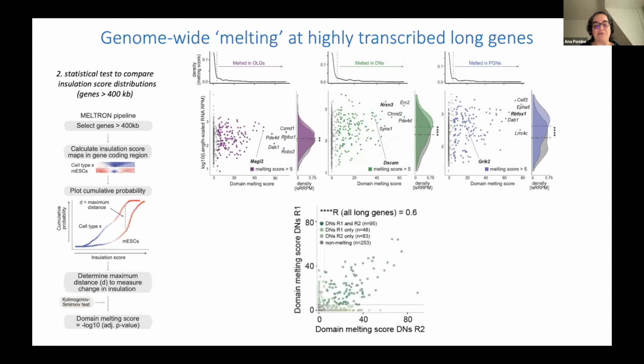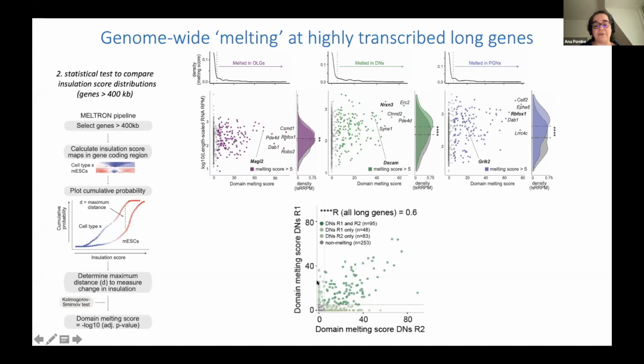Importantly, because we have the data from two different animals, and in the case of the DNs, actually from very different animals, even with different genotypes, we compared the melting score of genes from different cell types, and we could see, as you can observe here, that there's really a nice correlation, with the melting score itself being highly correlated across cell types.